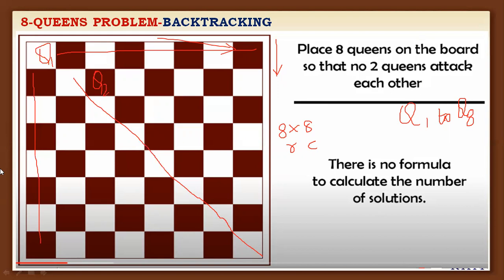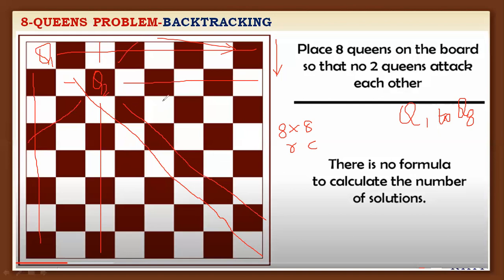If I place the second queen here, the same row is not possible, the same column is also not possible, and the diagonal also is not possible to place the next queen. So here, this is also a diagonal, not possible.